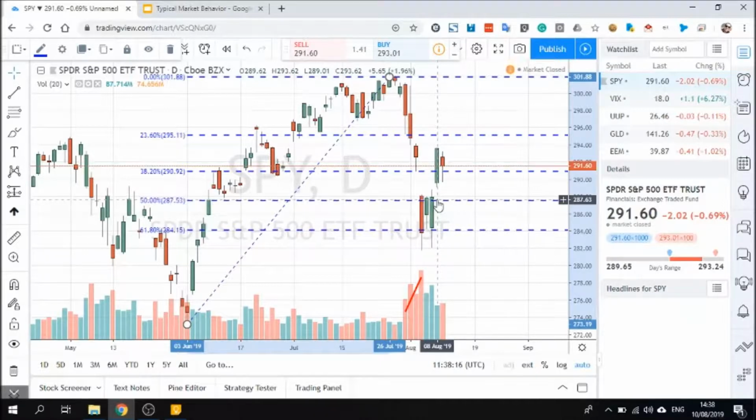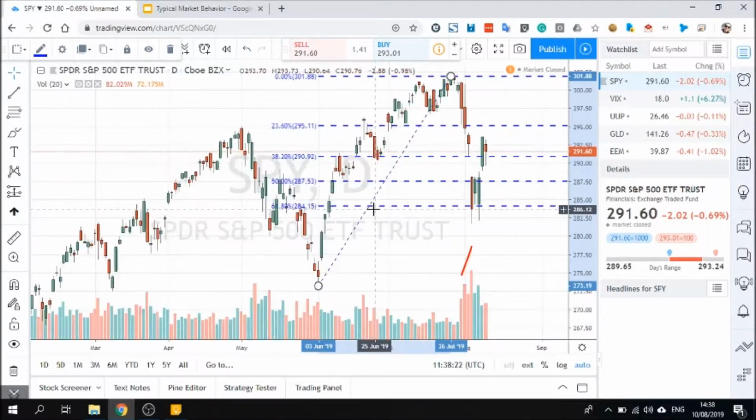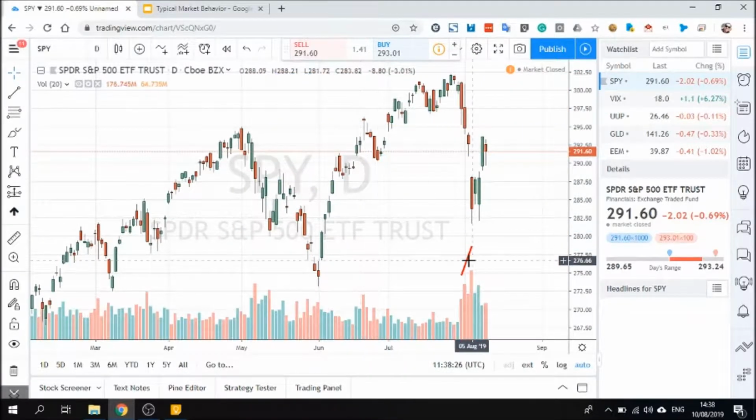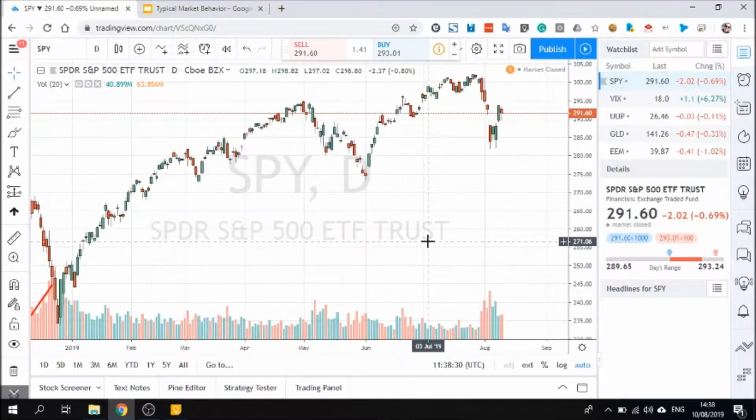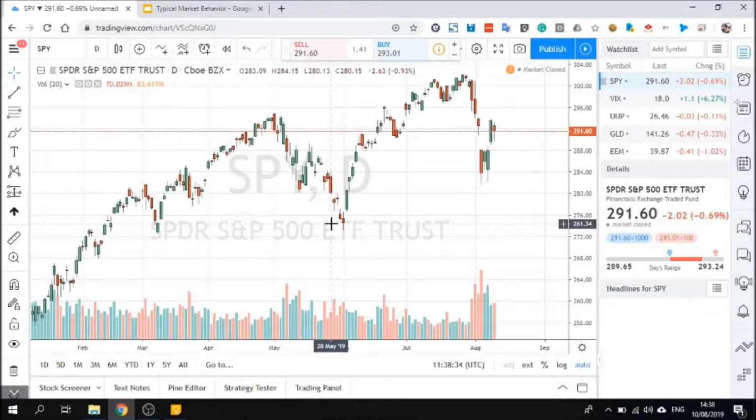What I would like to show right now is support and resistance. Now again, we're going to just use support and resistance. Let me just remove that, just as an explanation of typical market behavior. Traders like to buy and sell in the same price levels. What do I mean by that?